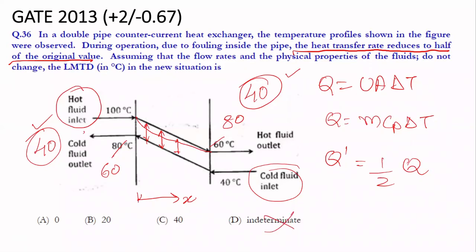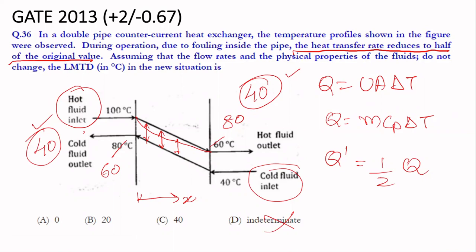So the indeterminate option is just to fool people, to trap those who go about calculating LMTD as 40 minus 40 upon ln of 40 by 40, who will say it's an indeterminate form and go for option D. But no, don't think in that way.